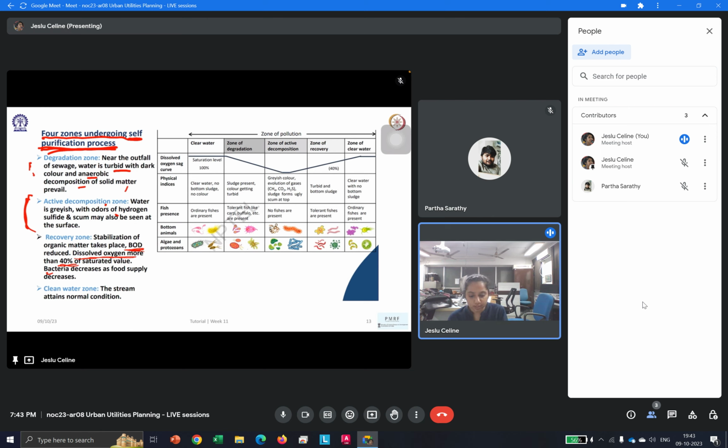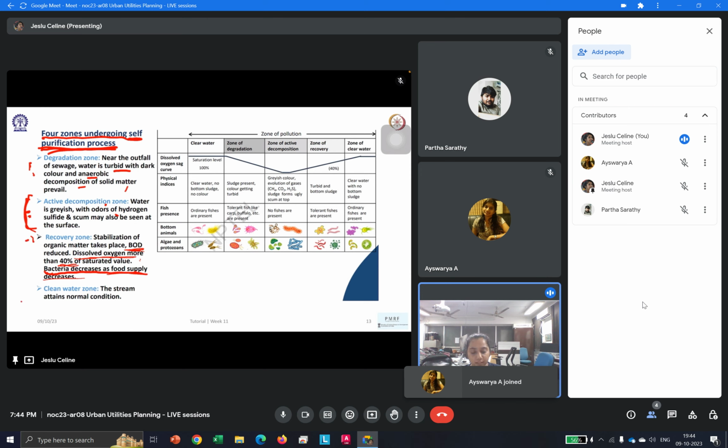This is biosynthesis, and over here it's a bioreduction also. Then the amount of bacteria reduces because of the decrease in food supply, and that's what happens in the recovery zone. Finally, in the clear water zone, the stream acts as normal, which means it has undergone self purification. These are the four zones of self purification.